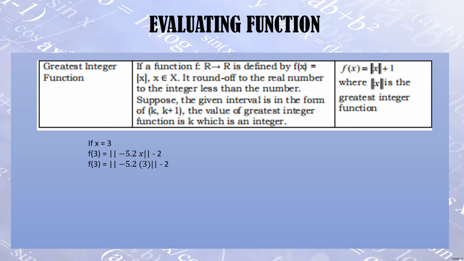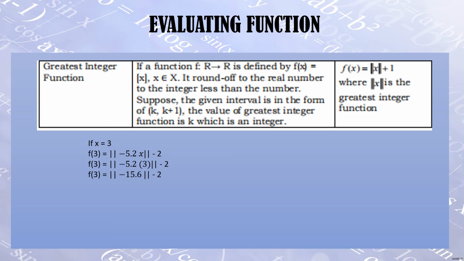So, substitute lang natin, from the original equation, we get this one. F of 3 equals the greatest integer function of negative 5.2 times 3 minus 2. Evaluate muna natin yung nasa loob. Pag minultiply mo yan, you will get negative 15.6. Ito na yung sinasabi natin.